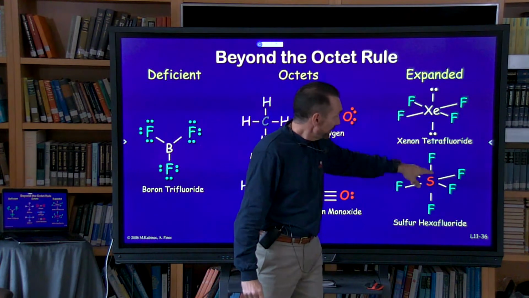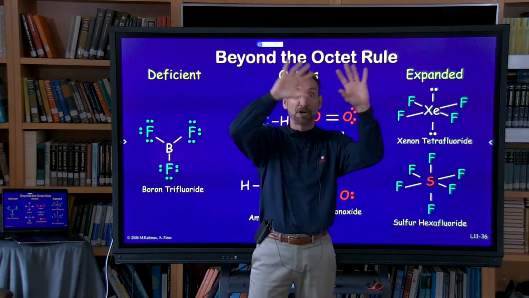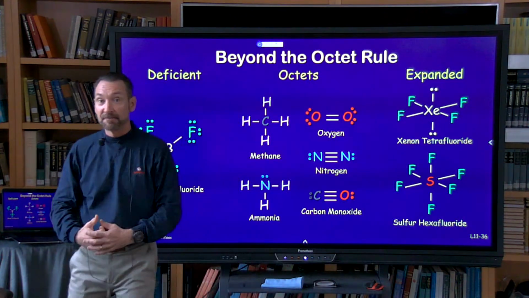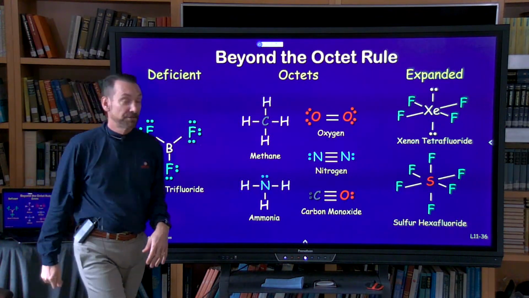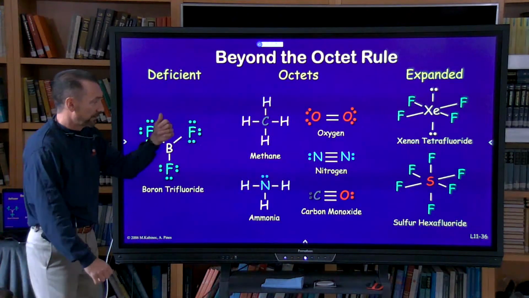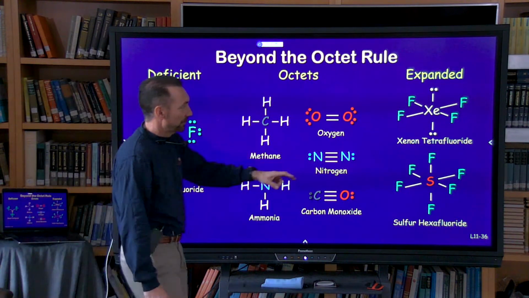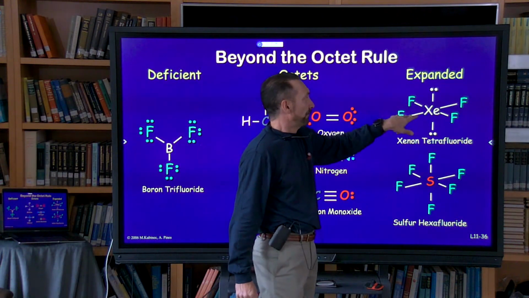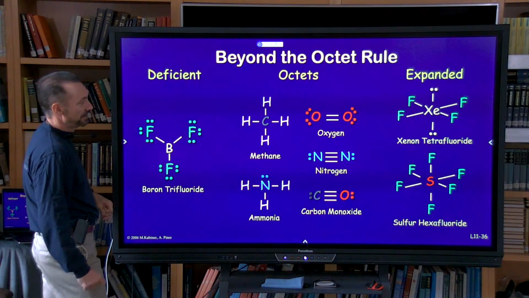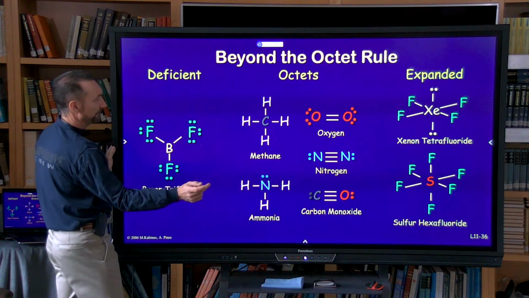But to close these shells in the bigger atoms, the d orbitals come into play. So when the valence electrons also include the d, you have more valence electrons and more pairing you can do. So you're not talking about a stable octet anymore, but higher numbers of pairs of electrons. Okay, and here's xenon tetrafluoride, 4 fluorines and 2 lone pairs, and then there's sulfur hexafluoride, 6 fluorines, 6 bonding pairs about the sulfur.